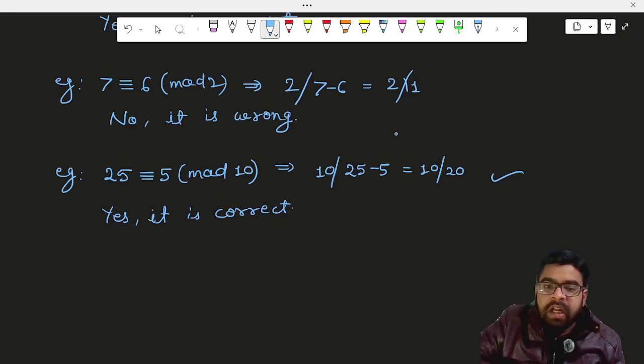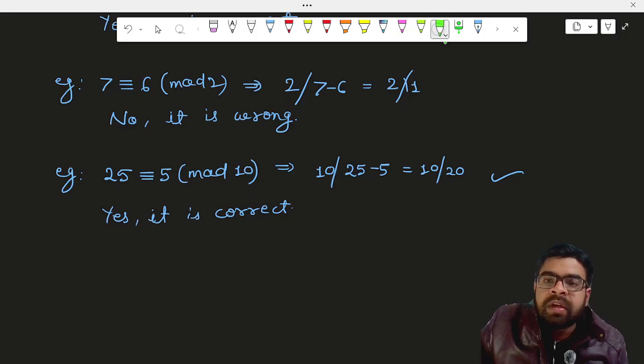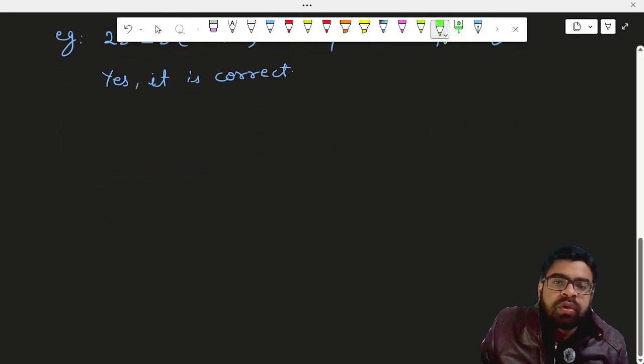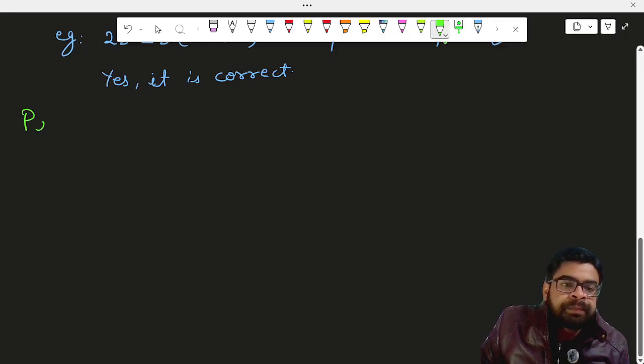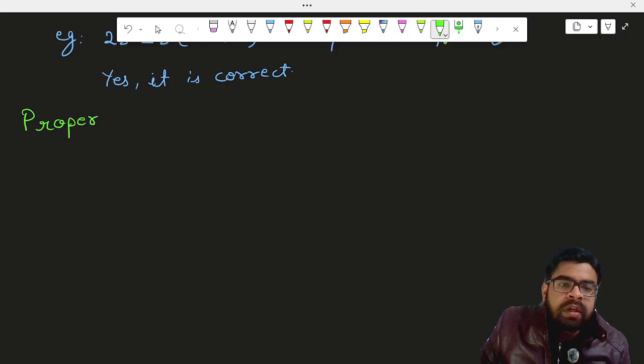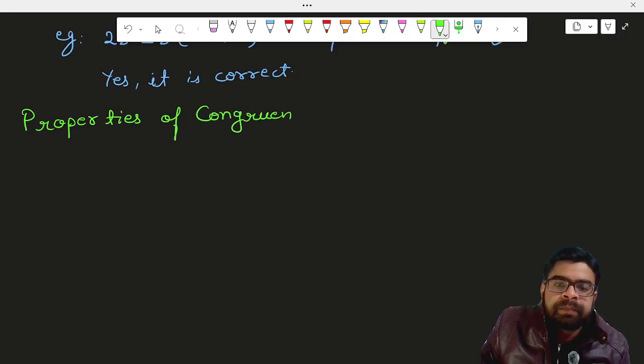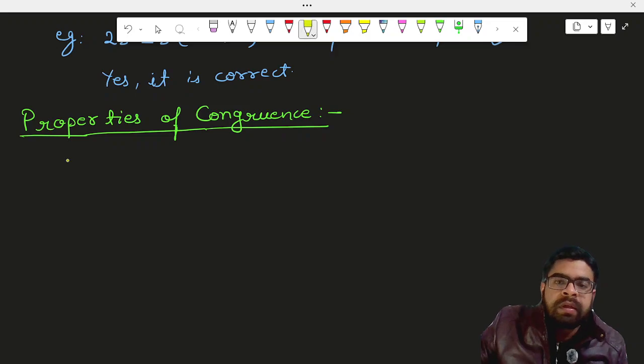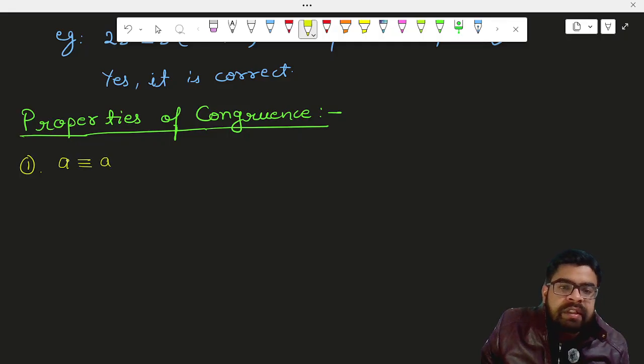Clear? So now write the next heading, the properties of congruence. Okay, write down the first property: a congruent a modulo n.